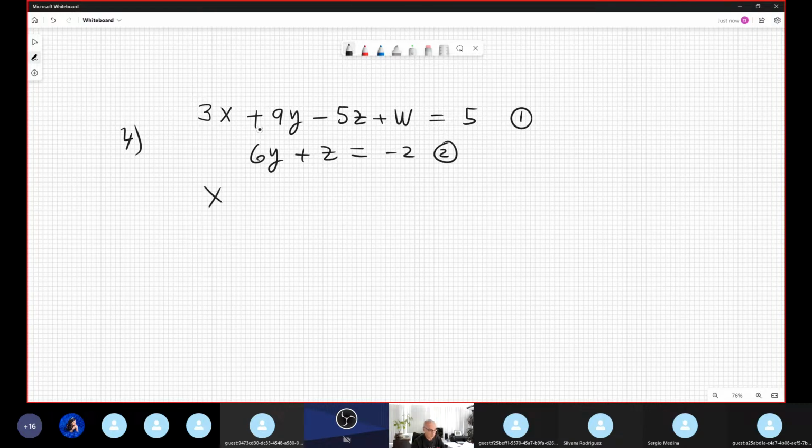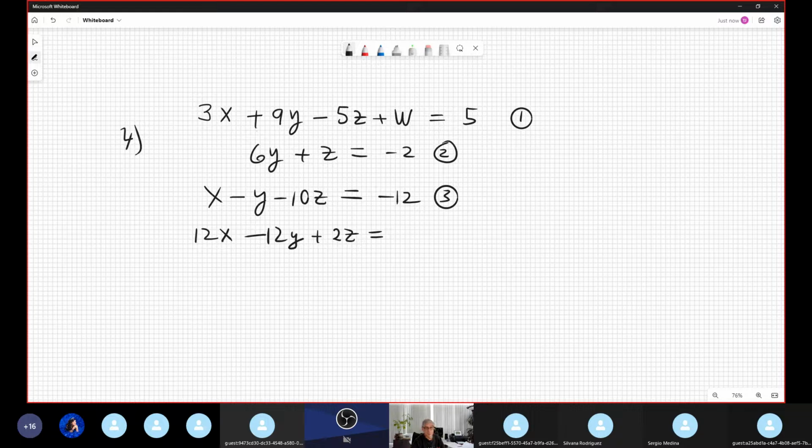And the third equation is x minus y minus 10z equal -12. Equation 3. And the last is 12x minus 12y plus 2c equal 11.